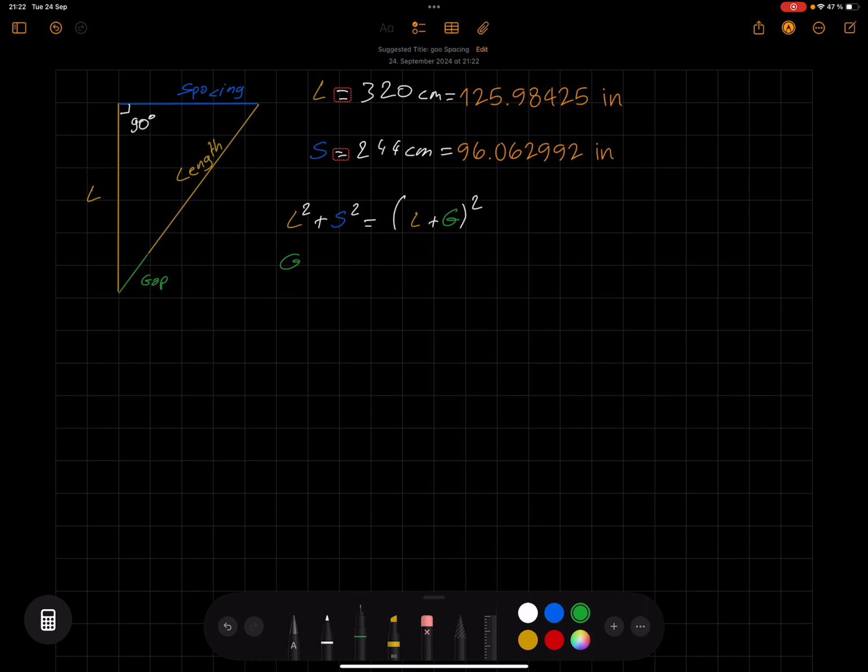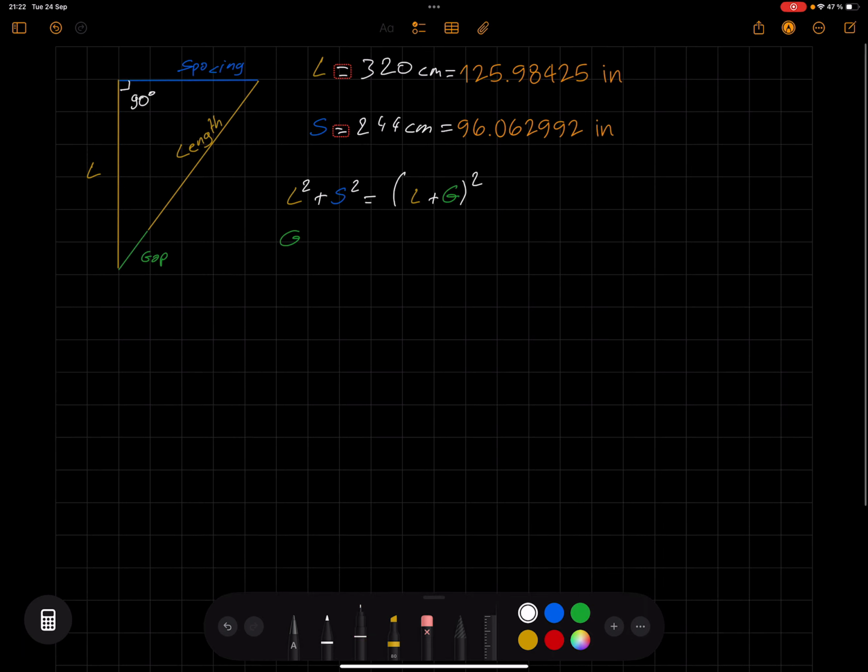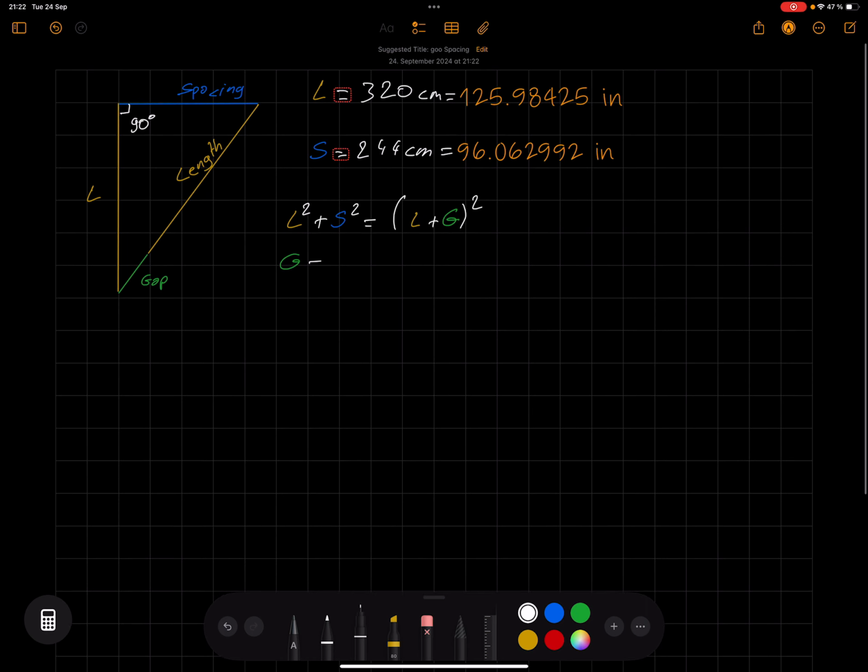So let's extract G. So G is actually equal to, I put the square on the other side, so I have the L, and I have it at the end.